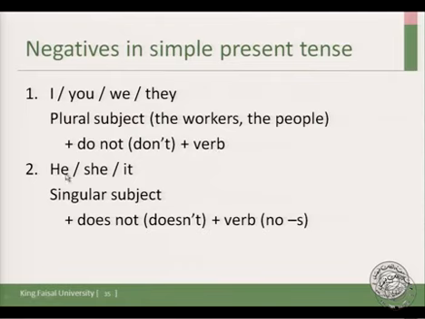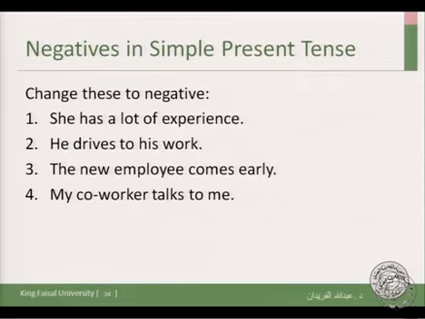But with he, she, it, we use does not or doesn't. When? Before the verb, and we delete the s. Very, very important that you remember that if we add does not, we delete the s from the verb. Why? Because we already have the s here. We cannot have two s's. Two s's in the sentence is wrong.